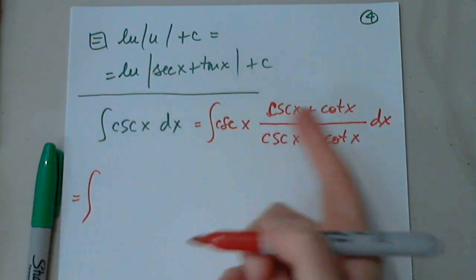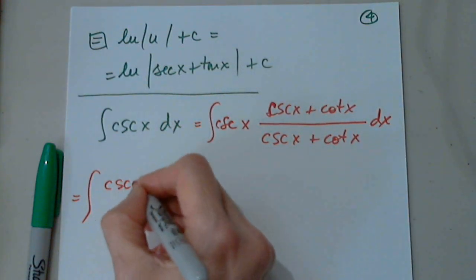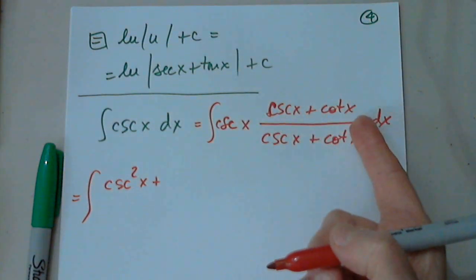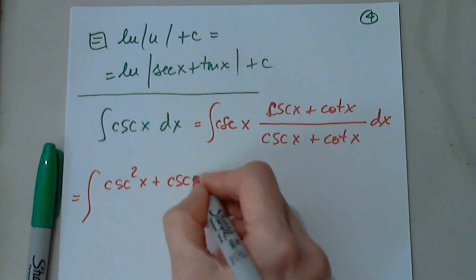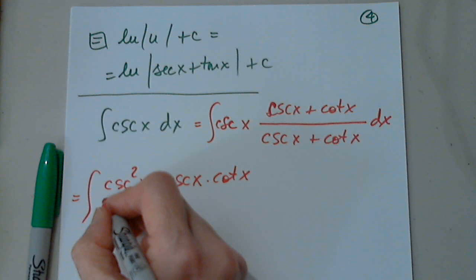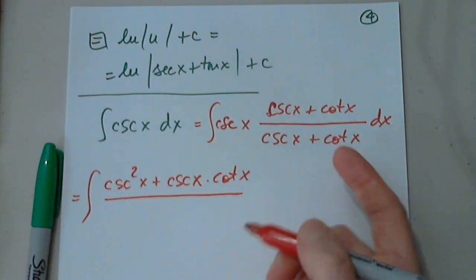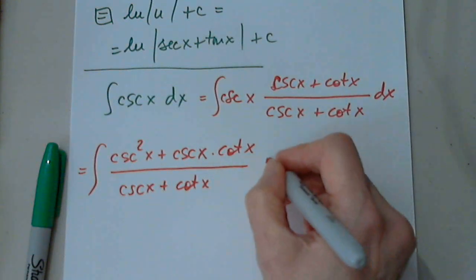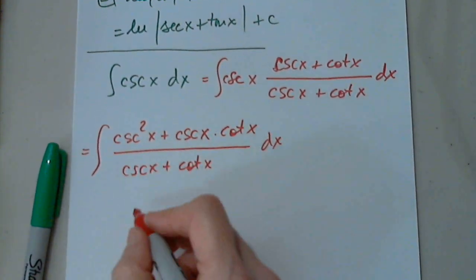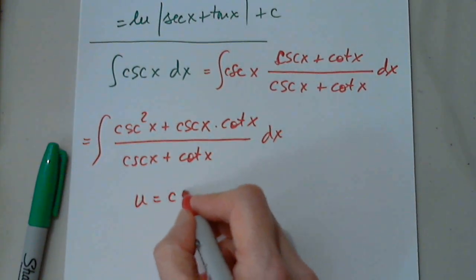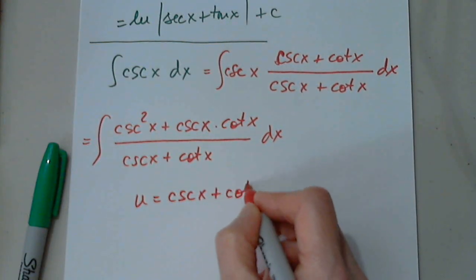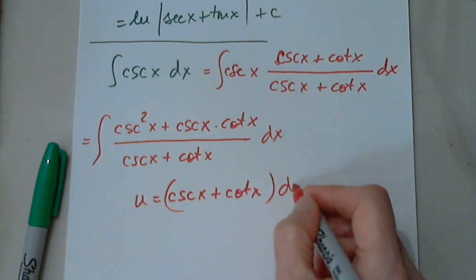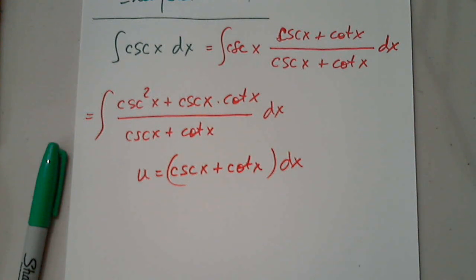So of course I will distribute. So cosecant squared x plus cosecant cotangent, divided by cosecant x plus cotangent x dx. Of course, this is the trick. u equals cosecant x plus cotangent x. I didn't mean to do that. I'm not there yet. Sorry.